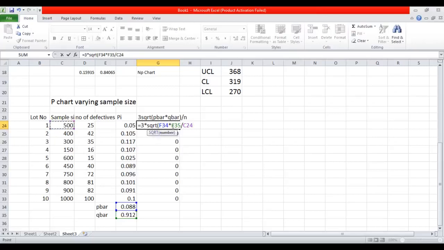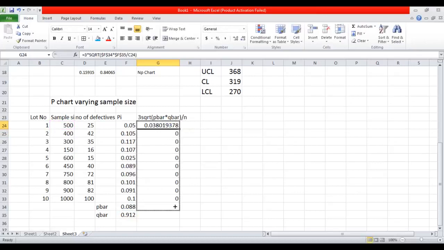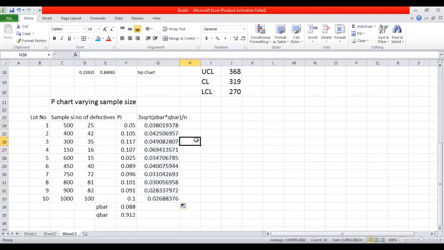Here P value and Q value are fixed. So before this P value and after this Q value, I have to add the dollar symbol, which I forgot. Now close the bracket. So we get this value. Now you can drag the values, and you will get the required 3 into square root values.